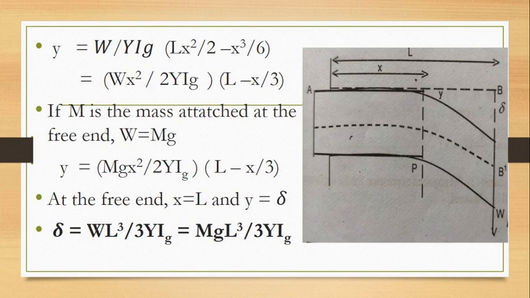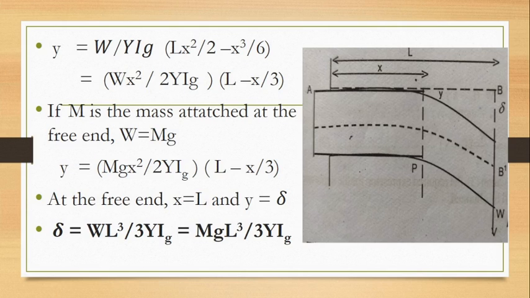Now at the free end, that is at B, what is x? x is the entire length of the beam. That is x is equal to L at the free end B. And what will be y? y is the depression, isn't it?